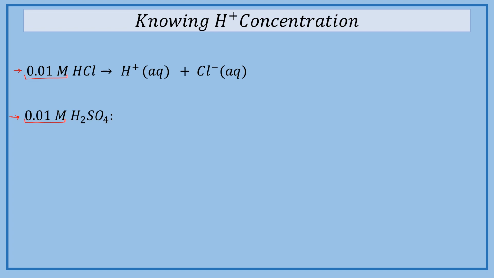In case of HCl, we saw that the concentration of H plus produced was the same as that of the acid, that is 0.01 molar. This is because HCl is a monobasic acid. Monobasic acid means its 1 mole will produce 1 mole of H plus ion.